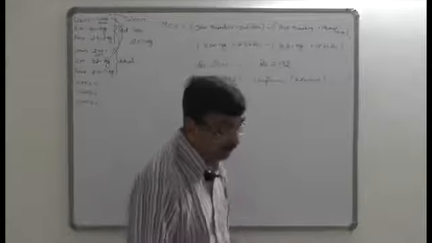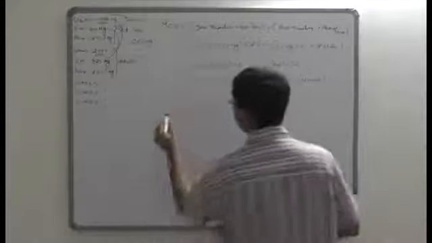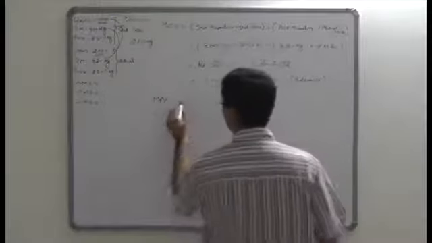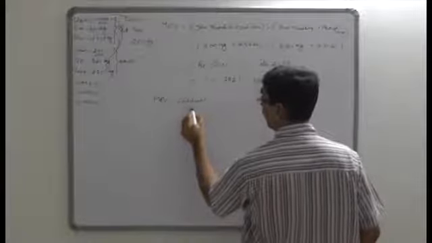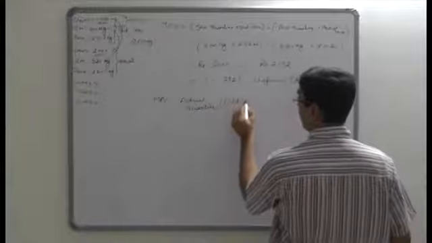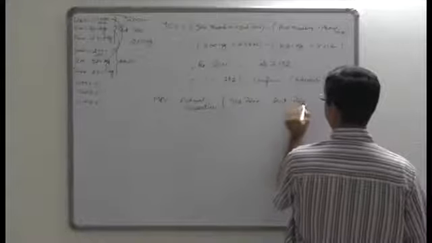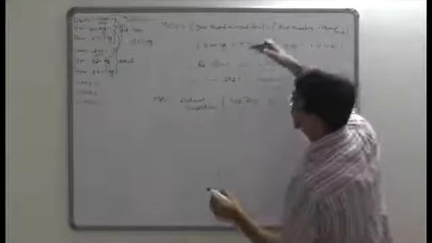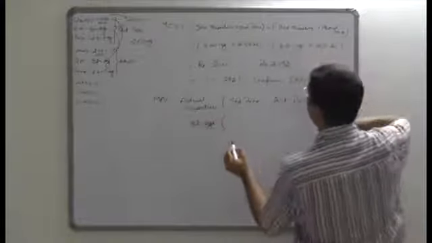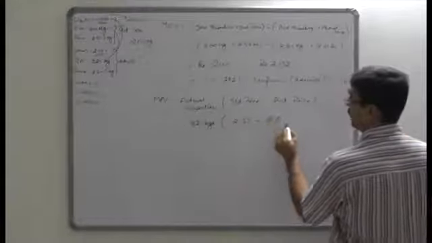Let's move on. The next is material price variance. The formula for material price variance is actual quantity into bracket standard price minus actual price. Now actual quantity is 820 kilograms. Standard price is 2.50 minus actual price 2.60.